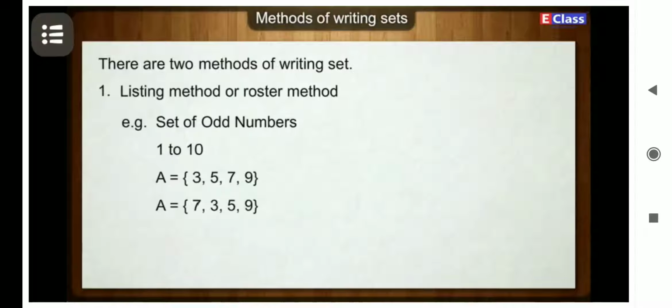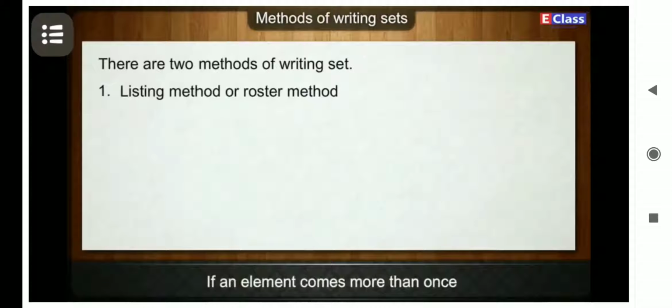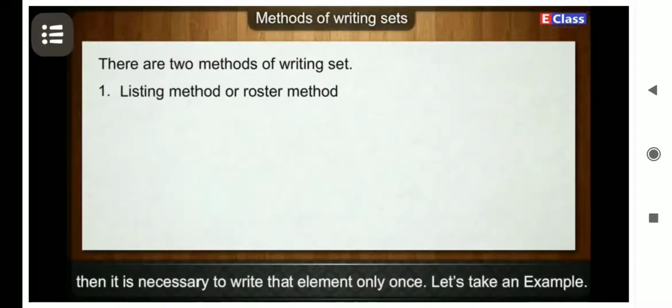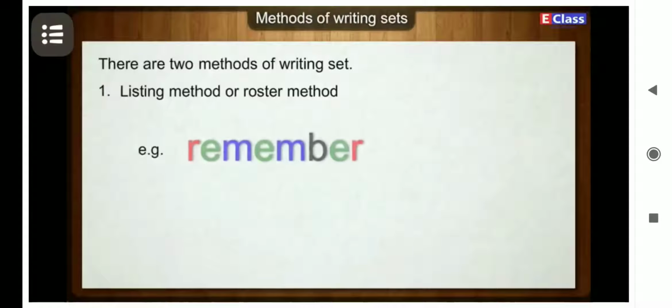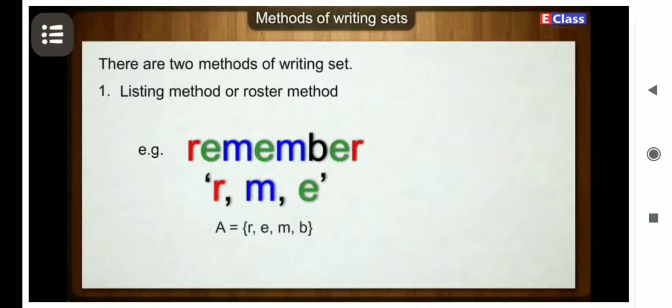If an element comes more than once, then it is necessary to write that element only once. Let's take an example. In the word remember, the letters R, M, E are repeated more than once. So, the set of letters of this word is written as A = {R, E, M, B}.